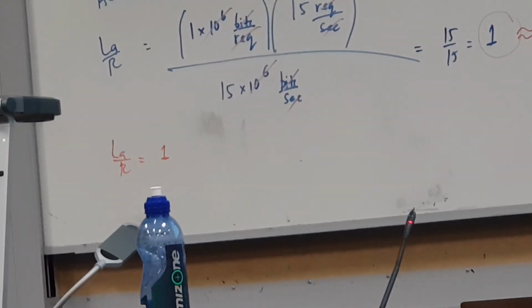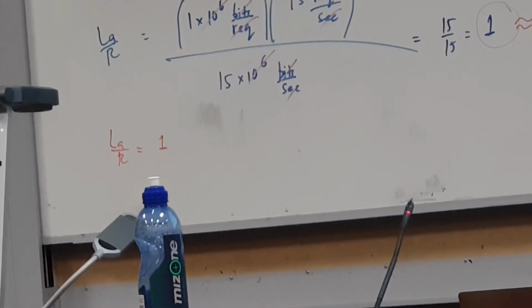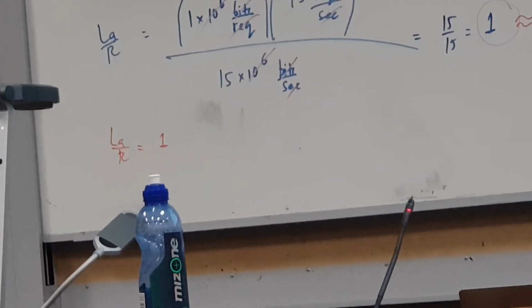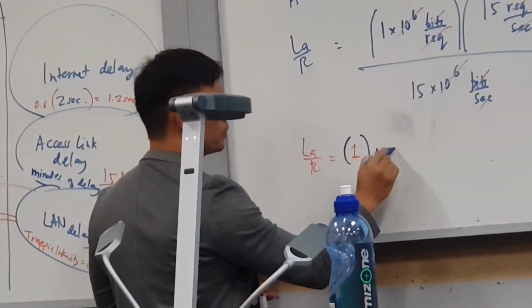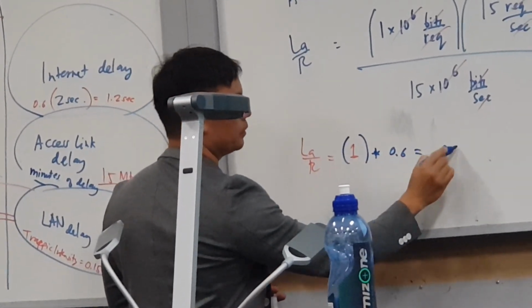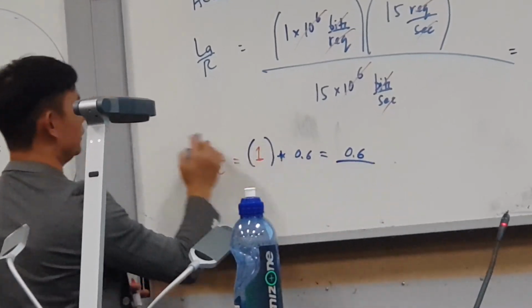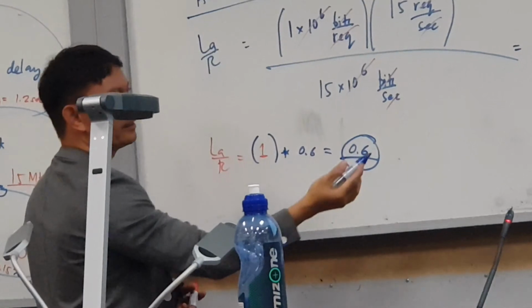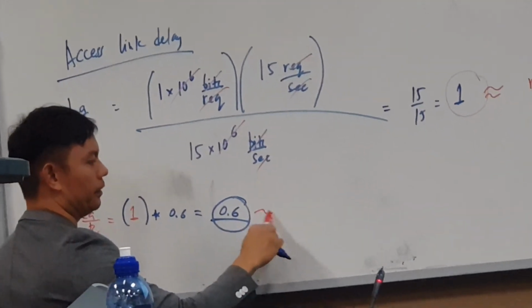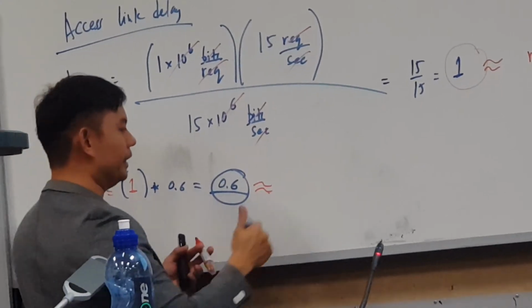If it is being used 100% of the time, but this is going to be used 60% of the time. So we will have 1 times 0.6, it's equal to 0.6. So now the traffic intensity in the access link is now equal to 0.6, which is less than 1. It's no longer minutes of delay. This is commensurate to milliseconds of delay now.